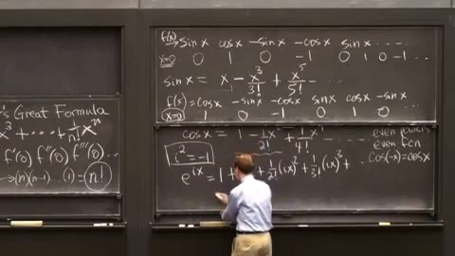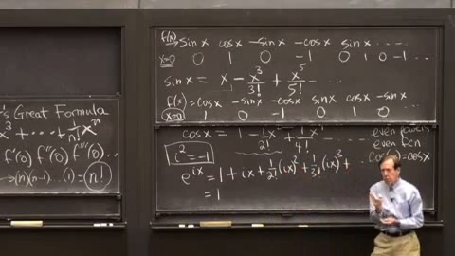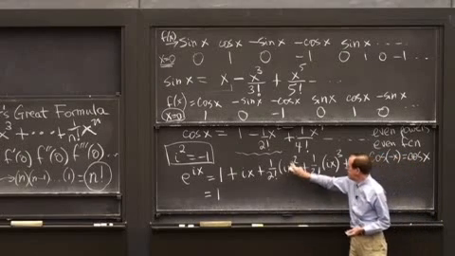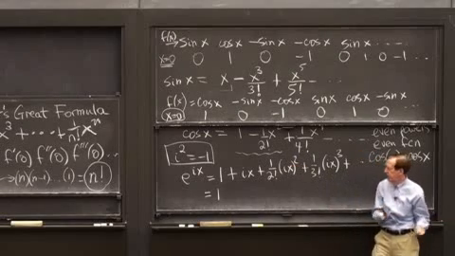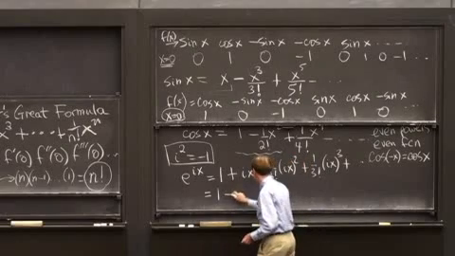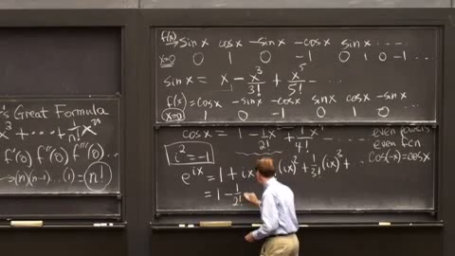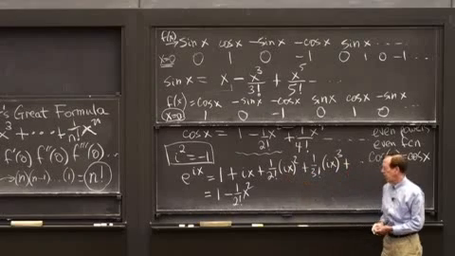I see 1 is certainly a real number. Do you see the next one that's real? It comes from this i squared. That i squared I can replace by minus 1, perfectly real. So it's minus 1 over 2 factorial x squared. The i squared was minus 1, that's all.